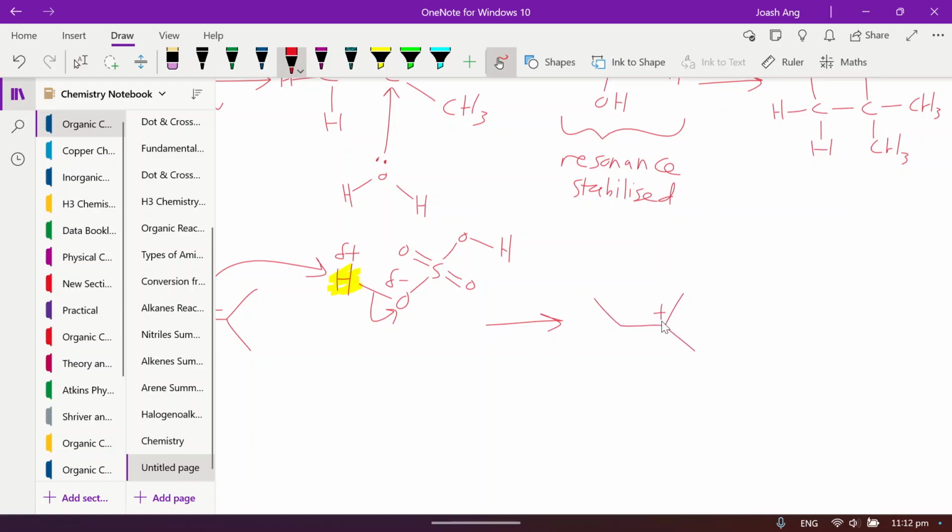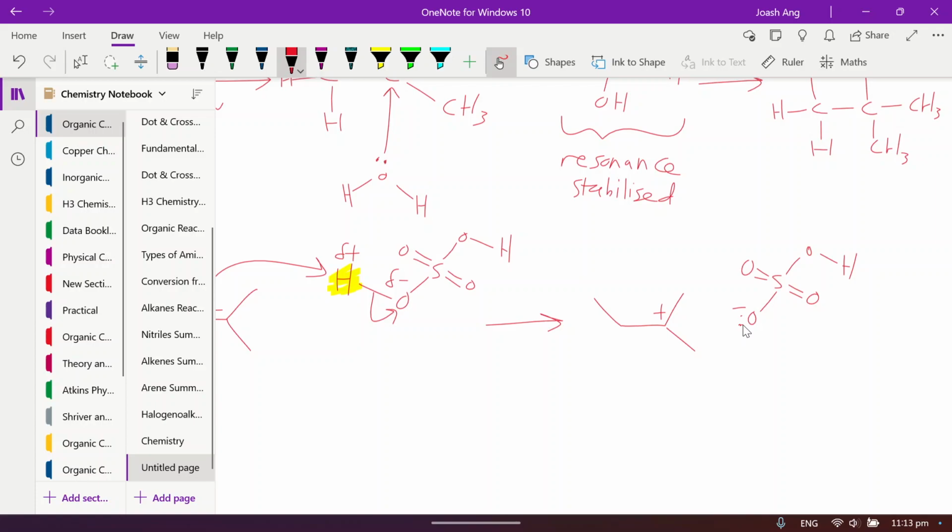So this one will be a positively charged carbocation, and I will be able to form this leaving group.